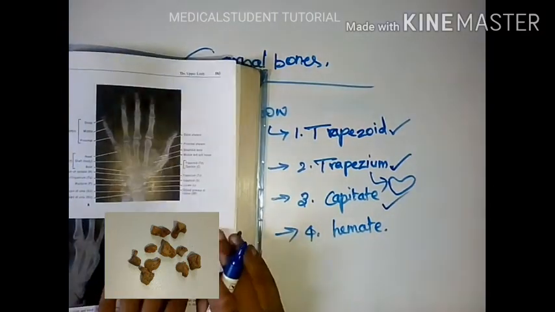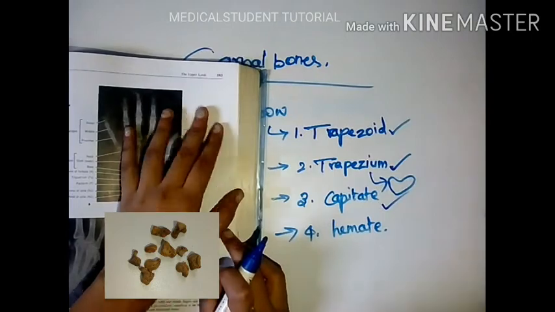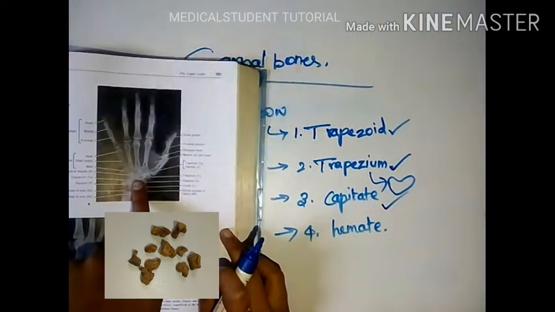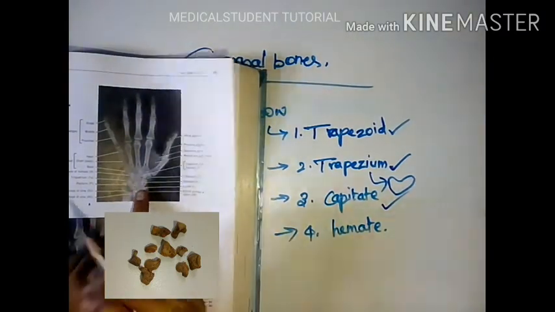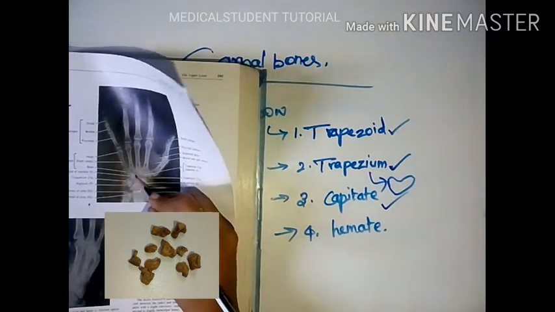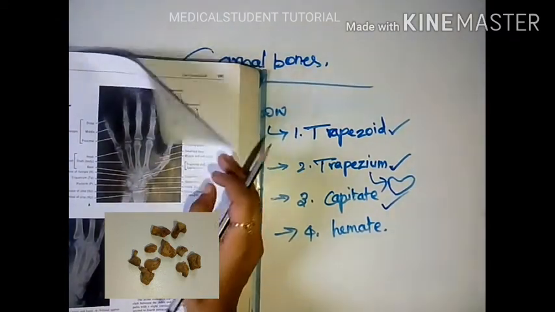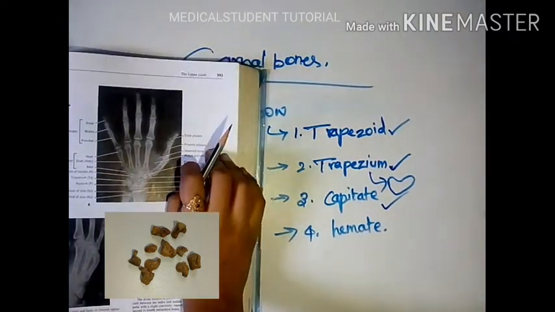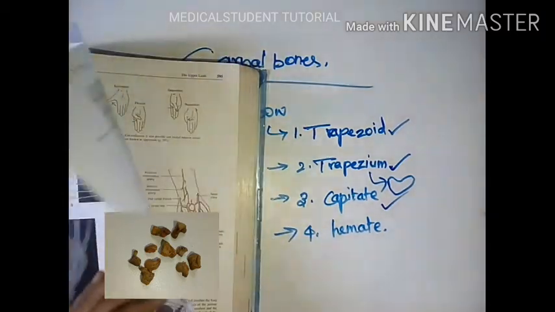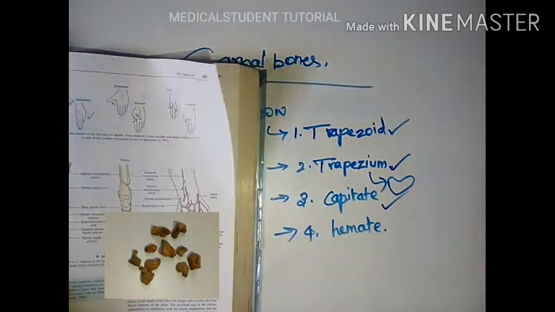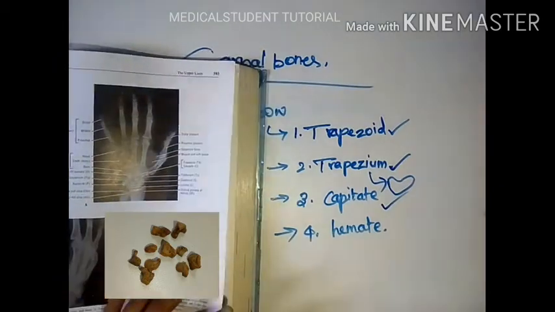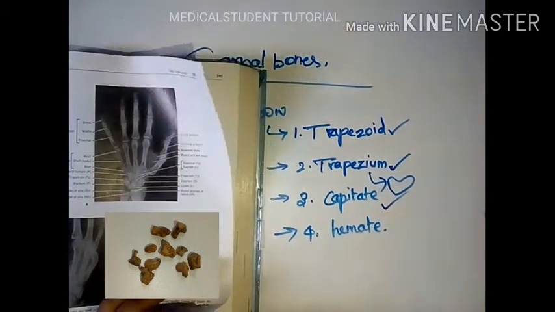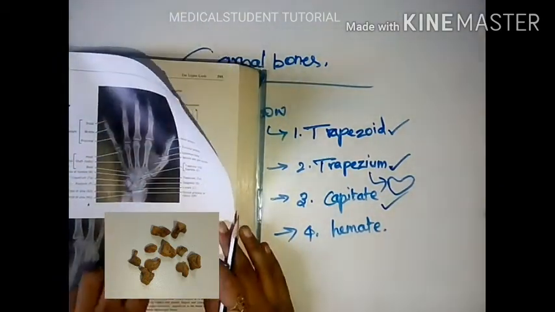Next, capitate. Capitate is the largest bone in the carpal bones. Of the 8 carpal bones, capitate is the largest bone. Finally, the hamate. Hamate is a wedge-shaped bone, and it has a hook near its base.